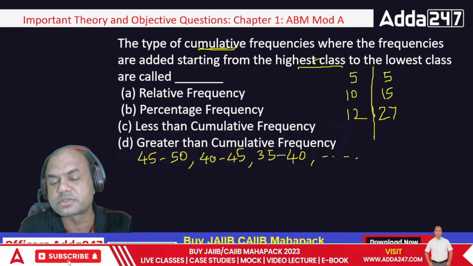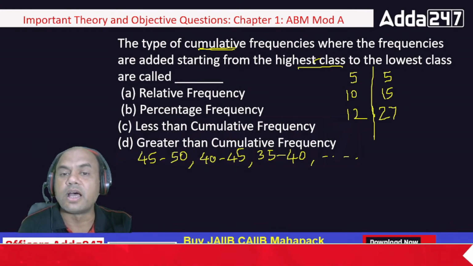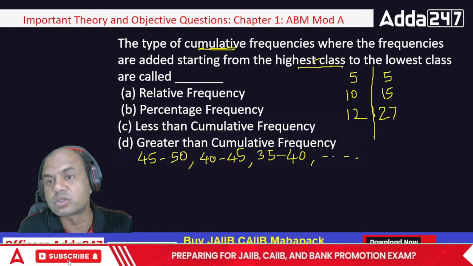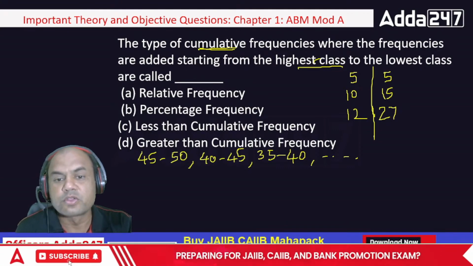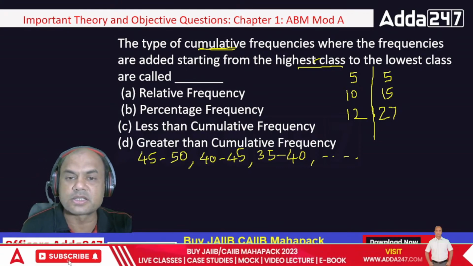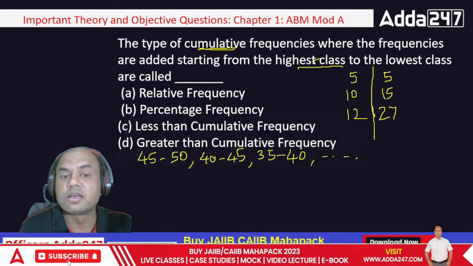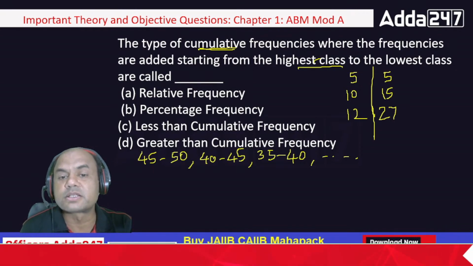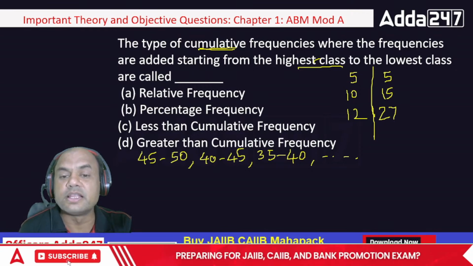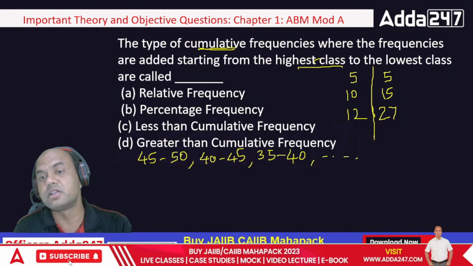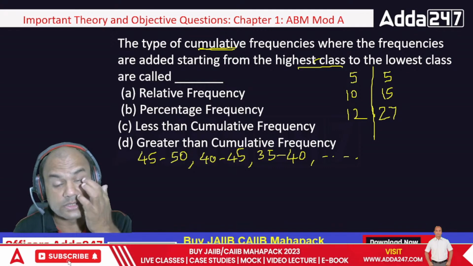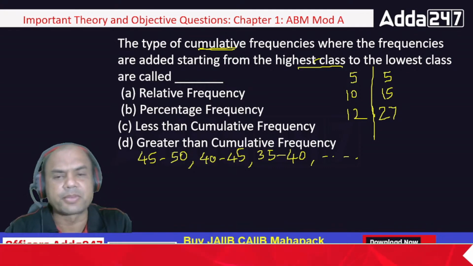It goes on reducing. So I am going from the highest class to the lowest class. So this type of distribution is known as what? Relative frequency, percentage frequency, less than cumulative frequency, or greater than cumulative frequency. So what is the answer over here? Apply your own logic.